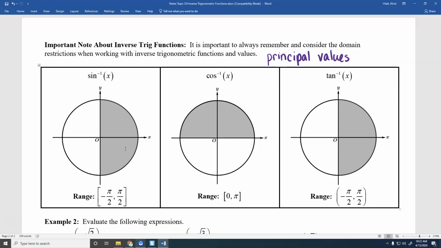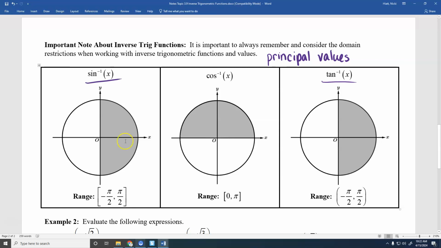For sine and tangent, notice those two are the same, and you're looking at negative pi over 2 to pi over 2. So first and fourth quadrant, but if you're in the fourth quadrant, you're talking negative values, not like 11 pi over 6. You'd call it negative pi over 6 instead. For cosine, you're looking from 0 to pi.